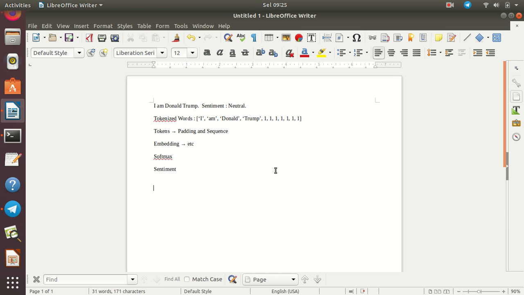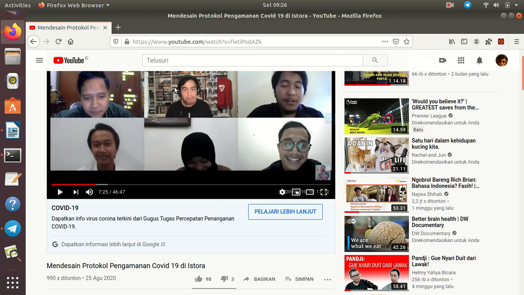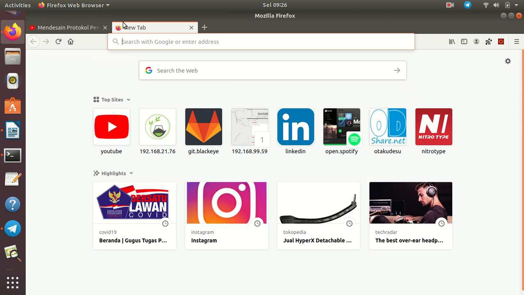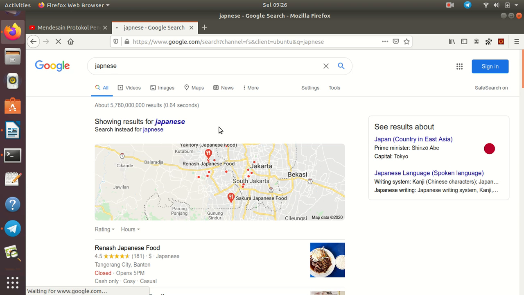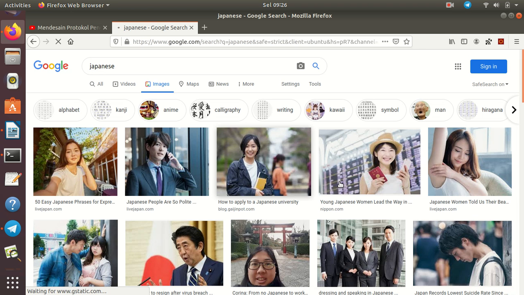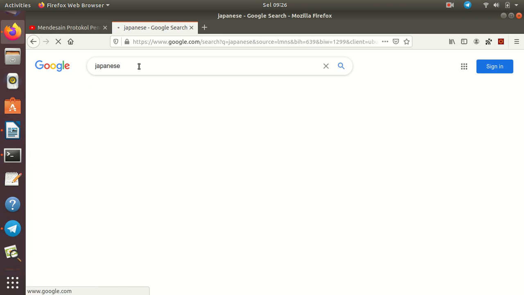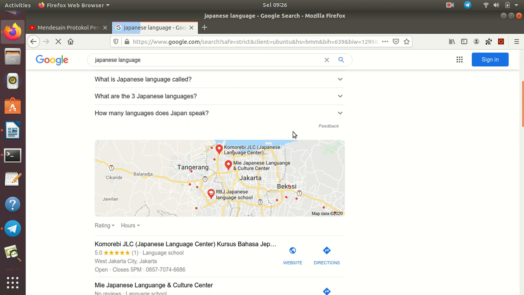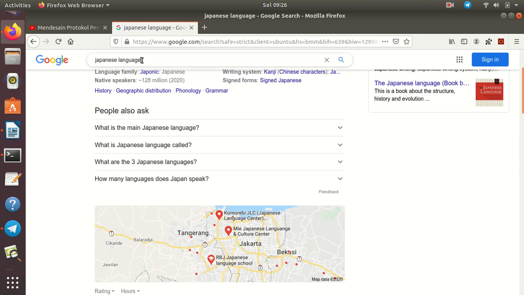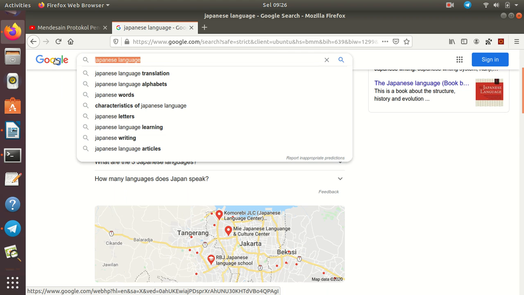I don't have any Japanese words here, so let me search for some Japanese words. Recently I just learned Japanese. Now I'm at level N4.